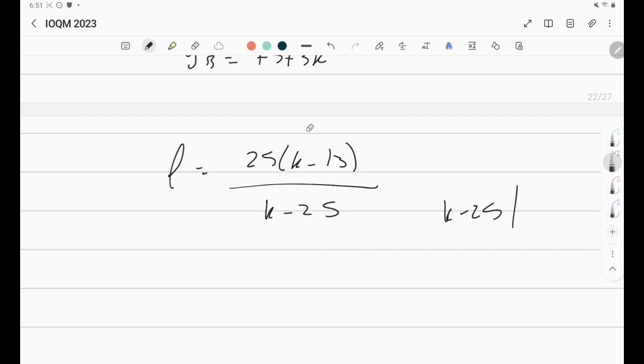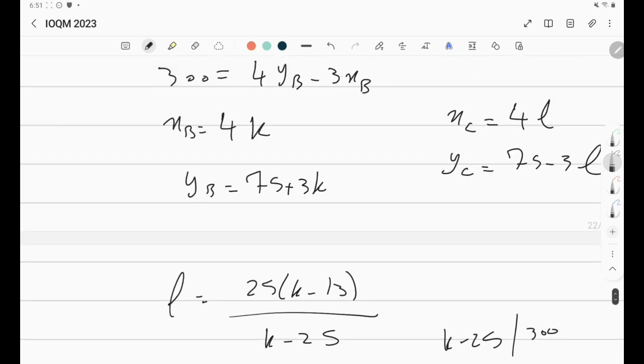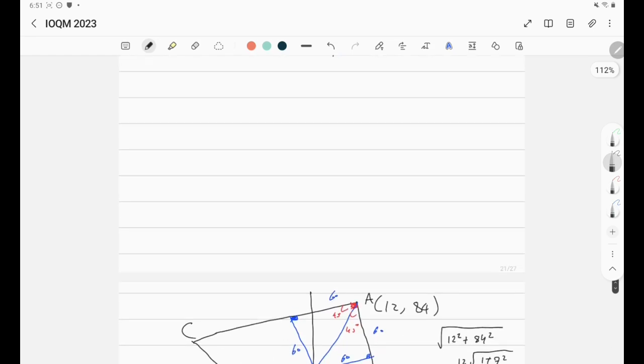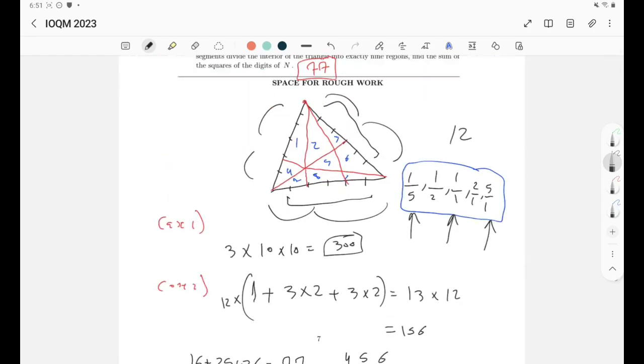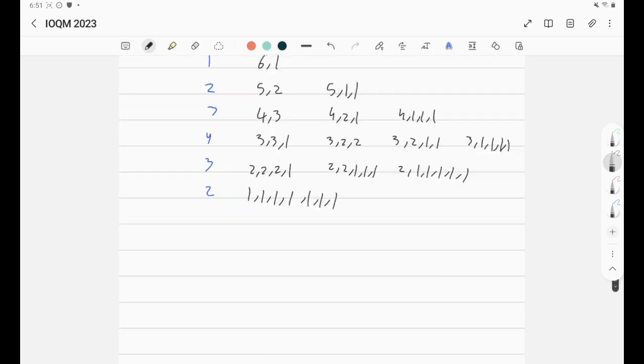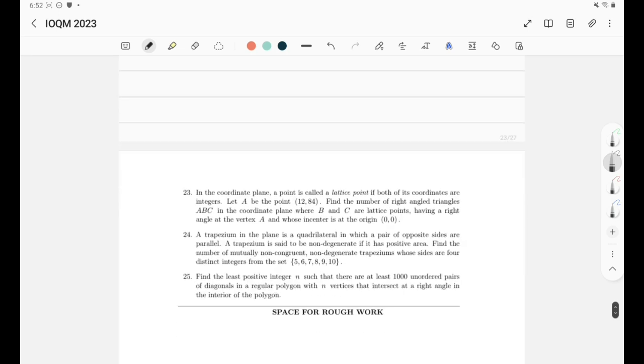This is going to be 12. So K divides 12 times 25, which is 300. And any value for K that divides 300 will work. So that means, what are the divisors here? The number of divisors is 18, and that's it, we're done. So that means, no, it was below. The answer is just 18.